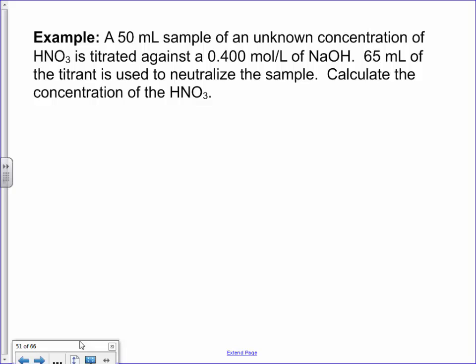So, okay, let's try some calculations then. Let's just practice the math behind this. I like to recommend, at least when you start, draw a picture, just so you have an idea of what goes where. So it says that you've got a 50 mL sample of an unknown concentration of HNO3. As I draw a picture here, here's a burette.